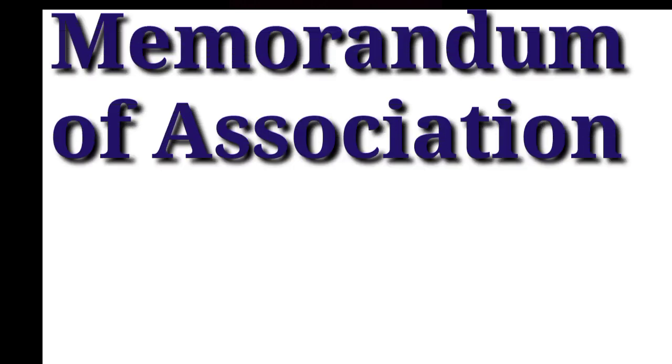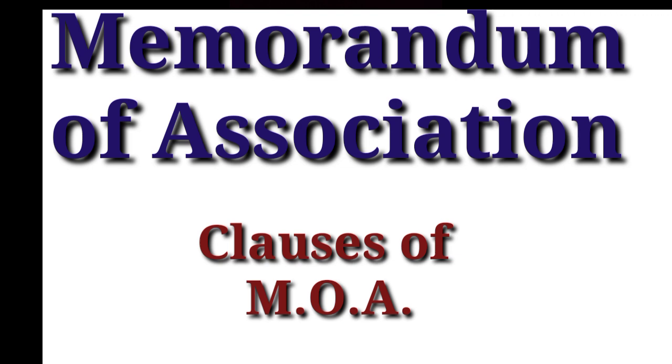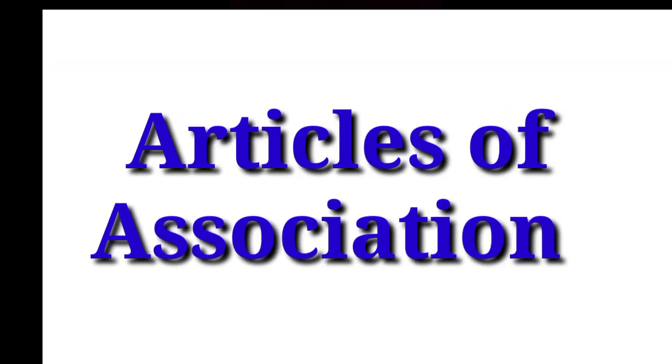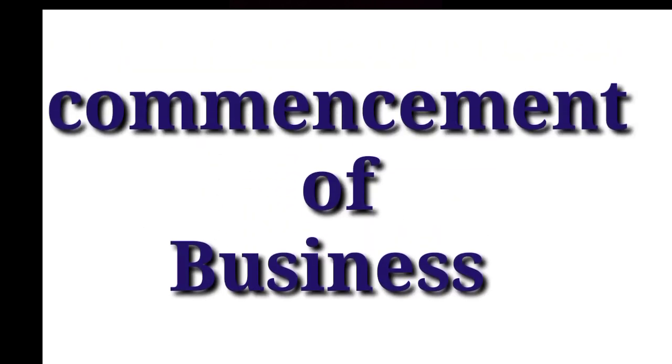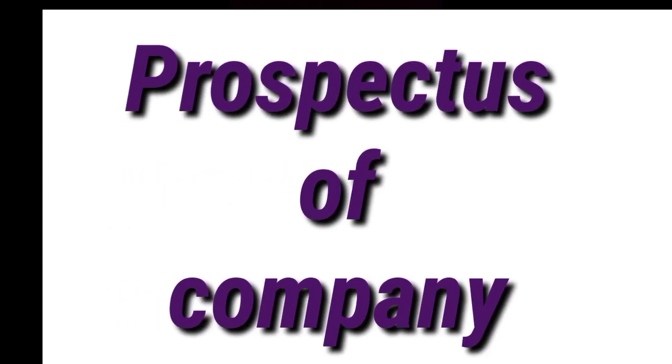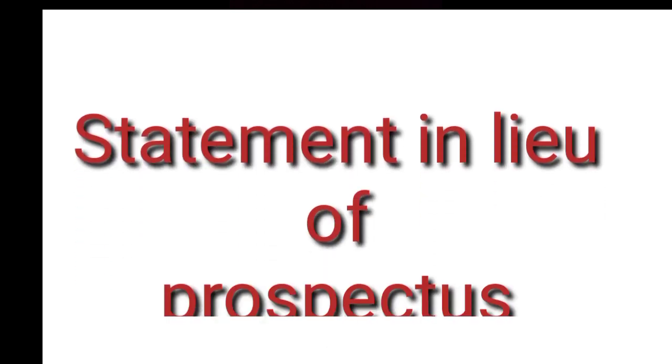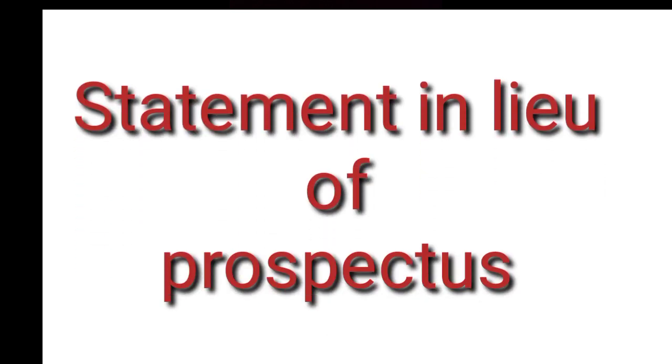Afterwards, I will cover what is Memorandum of Association and what are the clauses of Memorandum of Association. Afterwards, what is Articles of Association. Next one, what is Commencement of Business. Afterwards, I will cover what is the Prospectus of a company and what is Statement in lieu of prospectus.